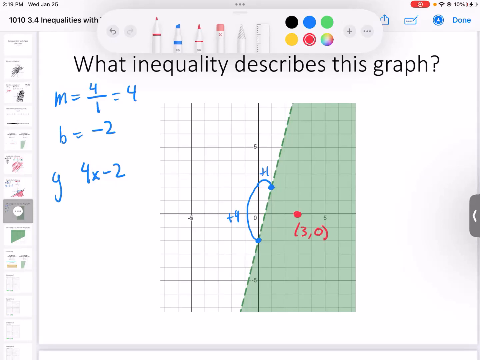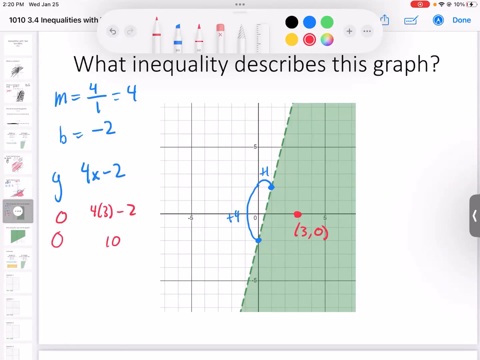And because it's in the shaded area, it needs to be a solution to whatever inequality I write. And so I'm going to say, okay, well, if y is 0 and x is 3, I'm going to get 0 and 12 minus 2, which is 10. So show me with your fingers, should it go this way or this way? My inequality to make it true.